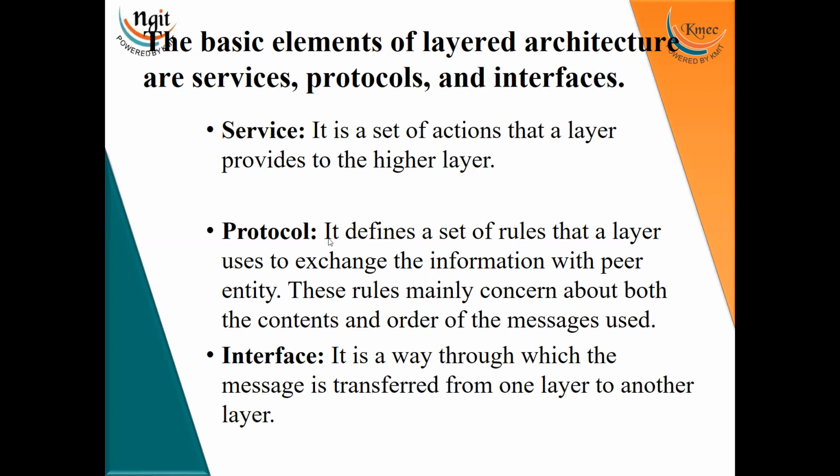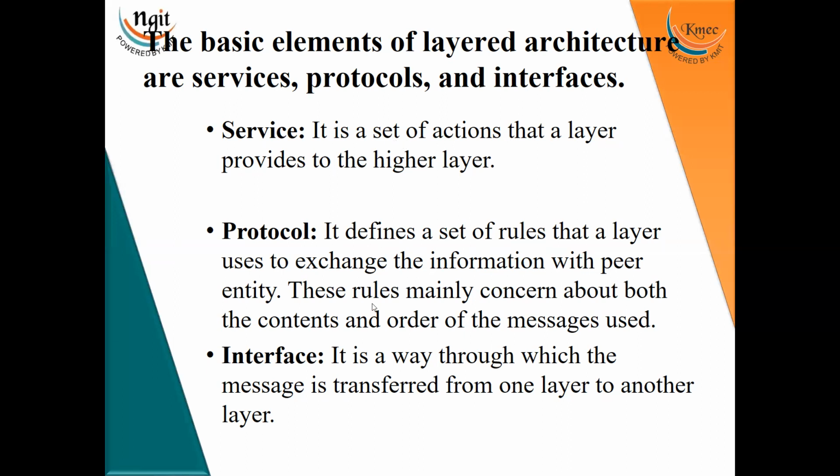The second one is protocol. When we start learning about computer networks, the important point which we have to keep in mind is protocol. What is meant by protocol? A set of rules. Outside also, whenever we communicate with others, we should follow some protocol, some rules. Here also, protocol means a set of rules that a layer uses to exchange information with its peer entity.